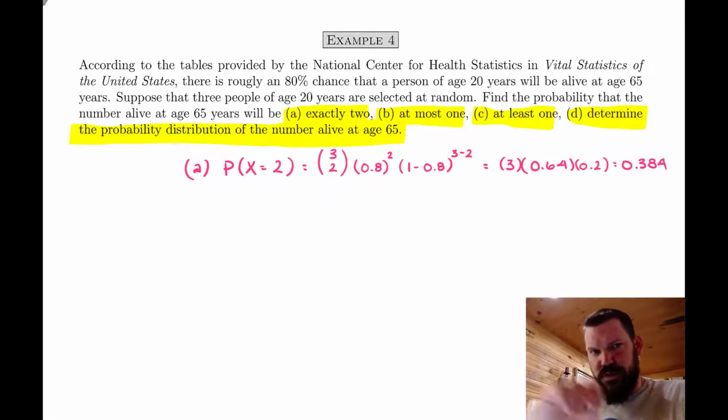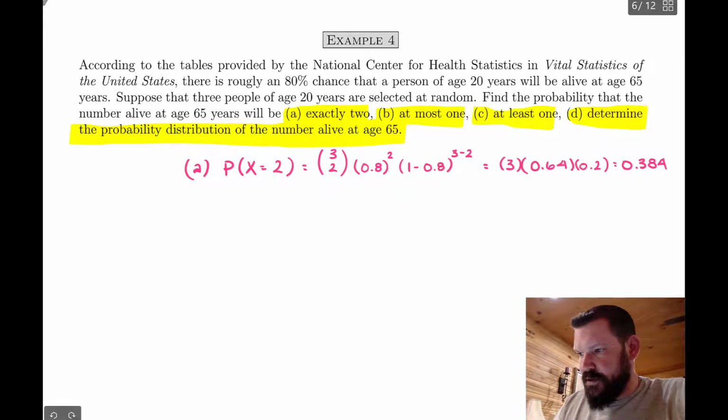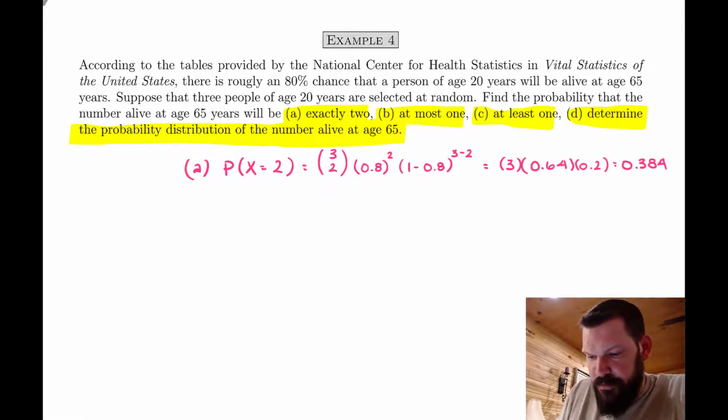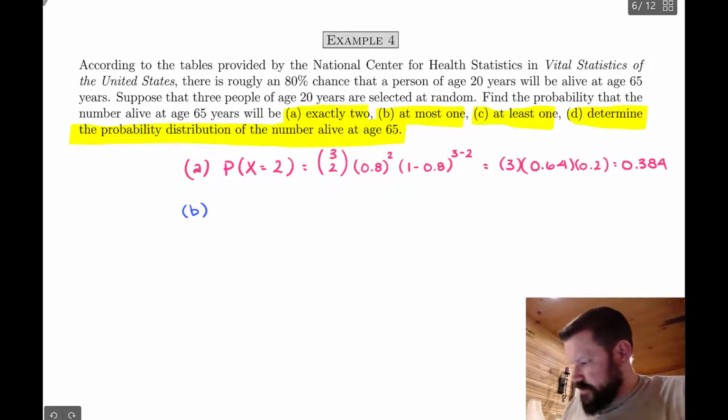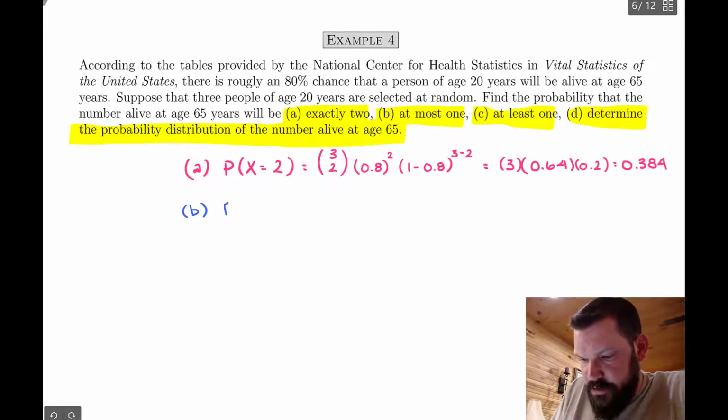Here is just one straight formula that will allow us to calculate this sometimes more quickly than using the addition formula. Part B is the probability that our discrete random variable is less than or equal to 1. So that's the same as the probability that x equals 0 plus the probability that x equals 1.